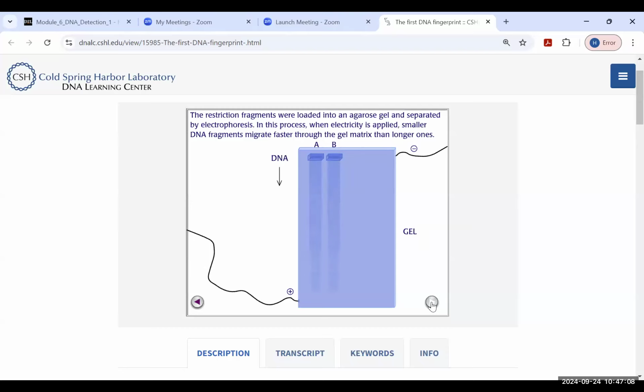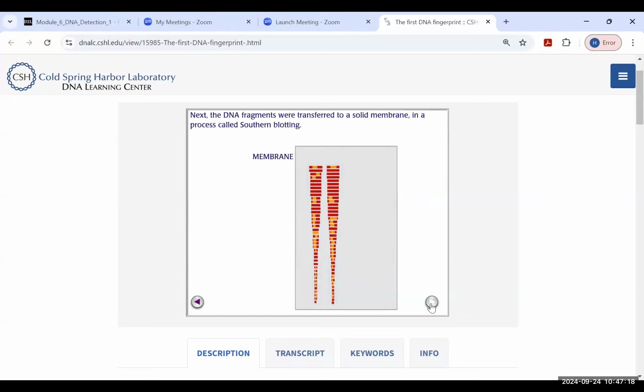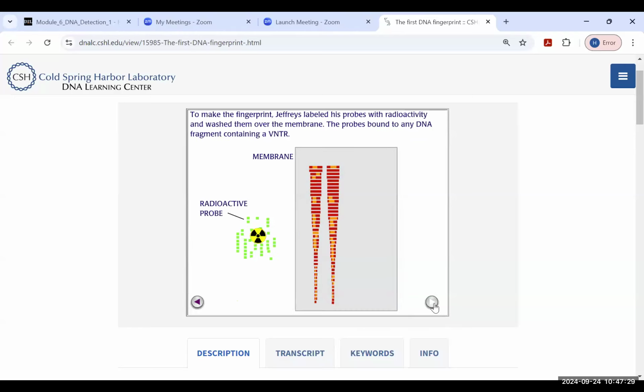After that, you will run the gel and you will get a smear because you have DNA of various molecular weights. Then you transfer this onto a membrane. You can see the bigger molecular weight is up, the smaller is down, and the patterns are different based on the digestion. After that, you apply the radioactively labeled probe to the membrane, and it will light up at certain bands.